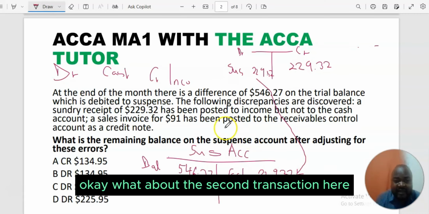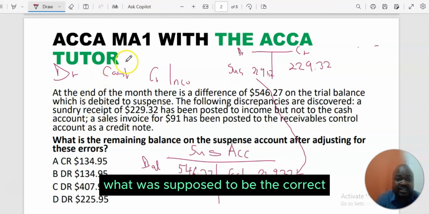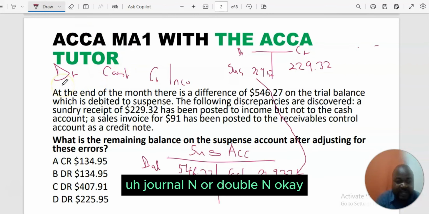Okay, what about the second transaction here? A sales invoice for $91 has been posted to the receivables control account as a credit note. Here, we just have to do what we did. What was supposed to be the correct journal entry or double entry?